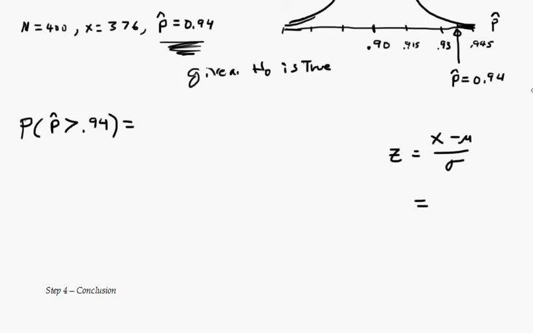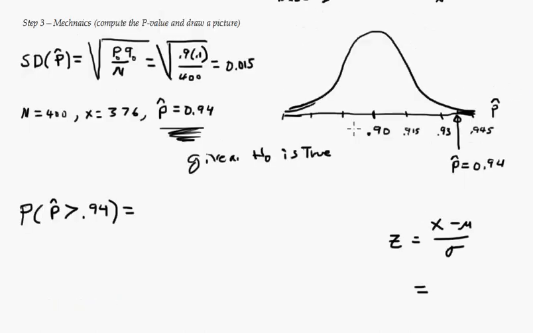Okay, so for this model, the center, mu, is 0.90, and the standard deviation, sigma, is right here. And then the p hat is the observed. So we're going to have 0.94 minus 0.90 divided by 0.015. That's going to be our z value.